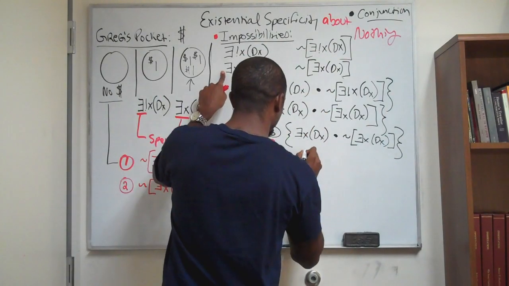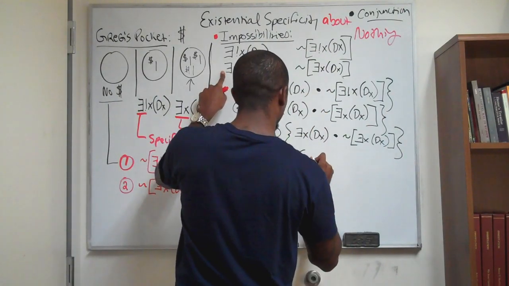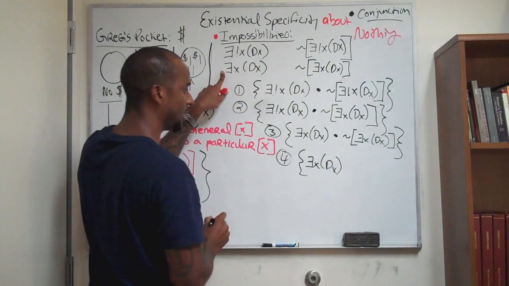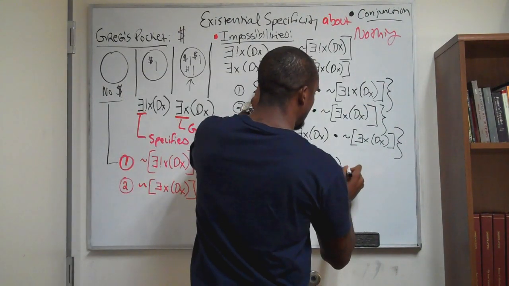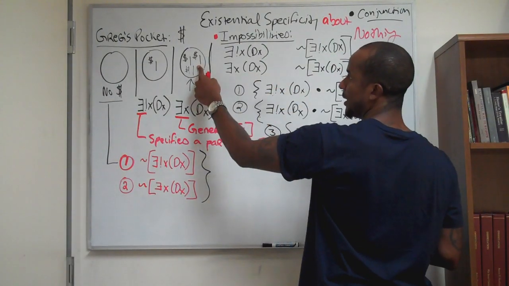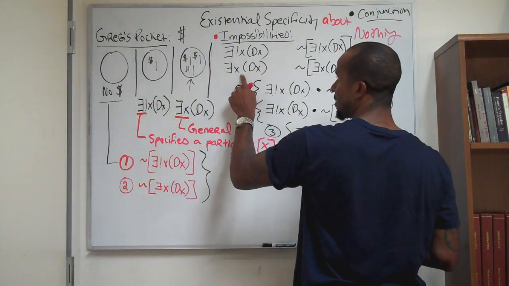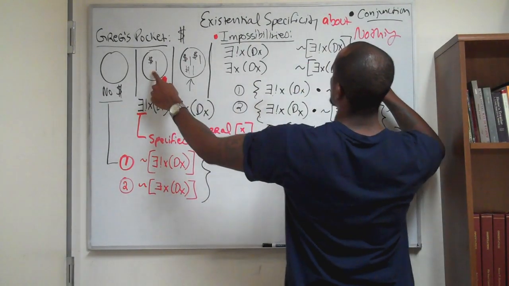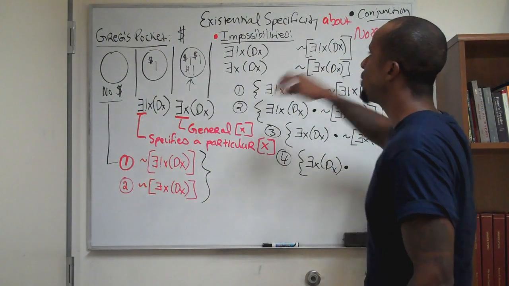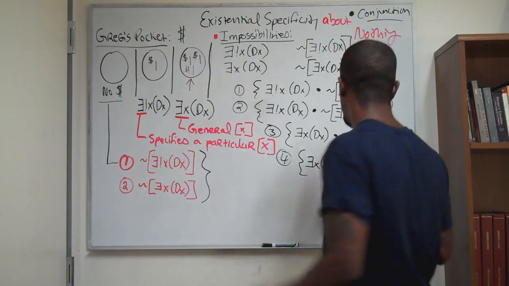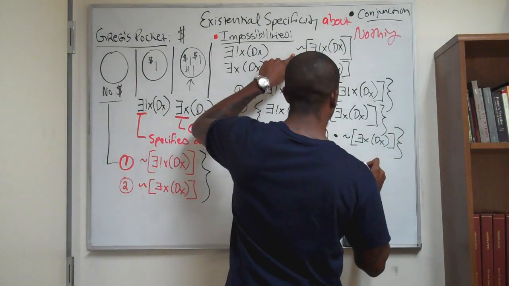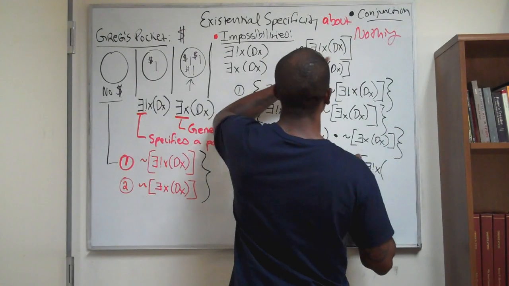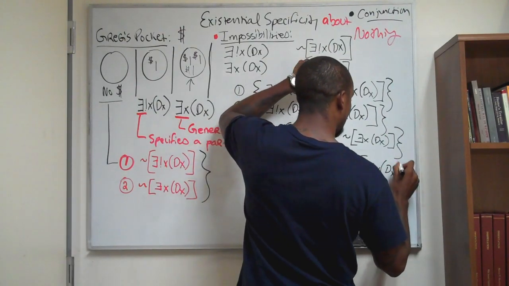So you can't make the claim that there is an X such that X is $1. This is what Greg gave me as the prompt. And this is represented by something like this, which is different from this, but this is represented by this. And make the claim that there is no specific, right? It's an impossibility to have any, you can't pinpoint any of them, right? So to put that, there is a unique X, the denial of a unique X such that that X is $1, right?